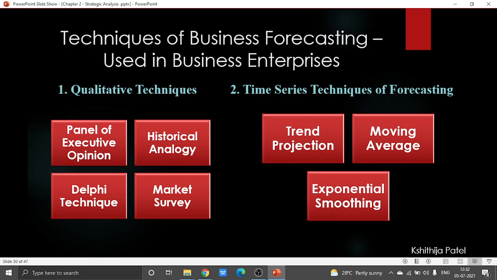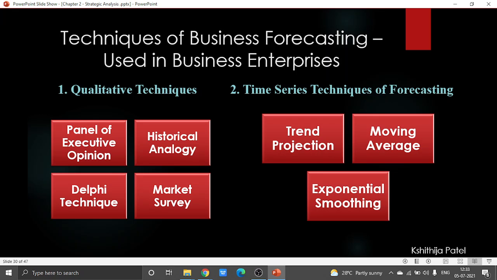Then we have moving averages. Remember, in time series I said there are three different ways, and these are the three different ways that we are speaking of. In the moving averages method, the average of a limited number of data points which are significant for the result is calculated and updated as new results become available, thereby adding the latest result and dropping off the oldest one.